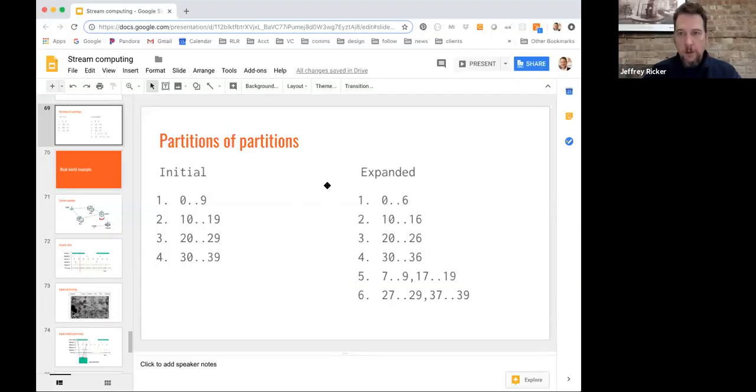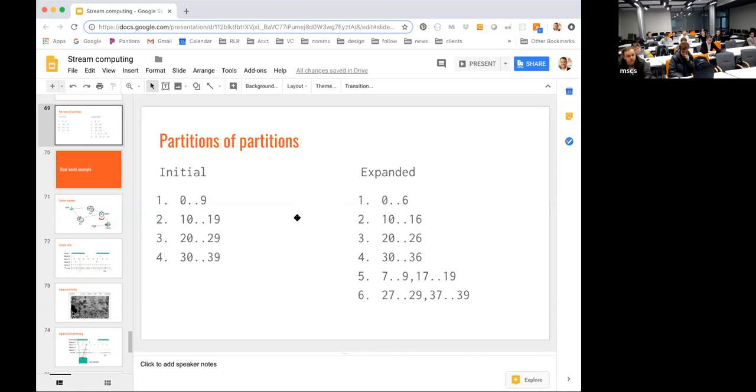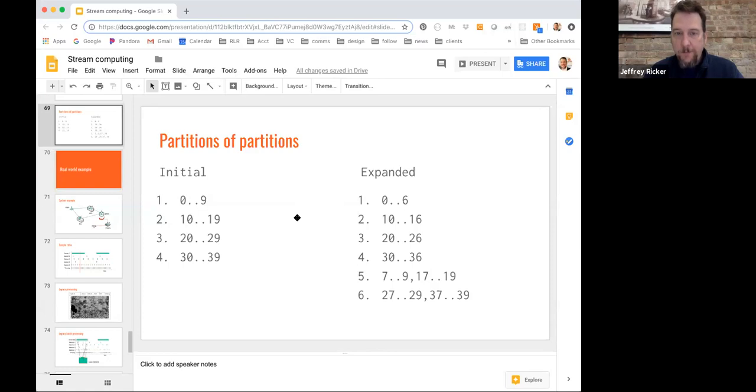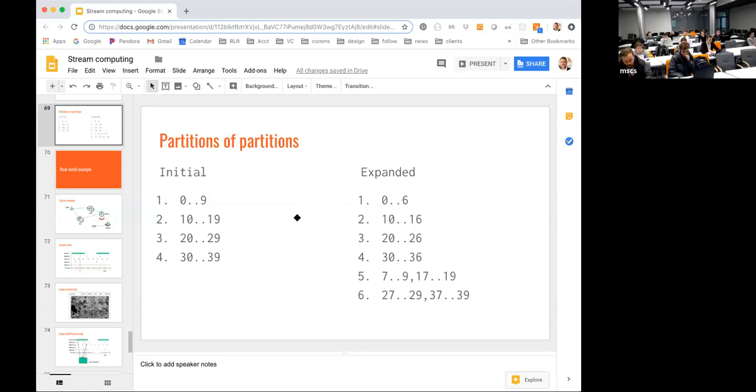Yes, so I'm trying to share my screen again. All right, you guys can see that slide again? Yeah, the slide. So here we have 40 partitions on the stream, and 4 processes.